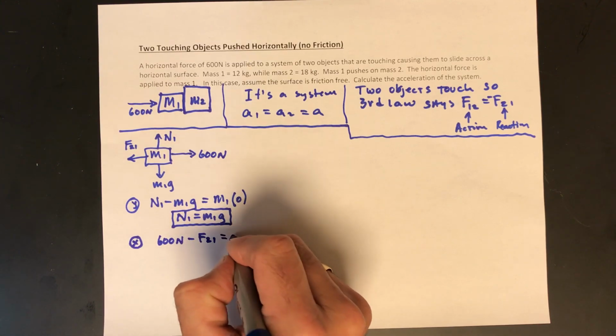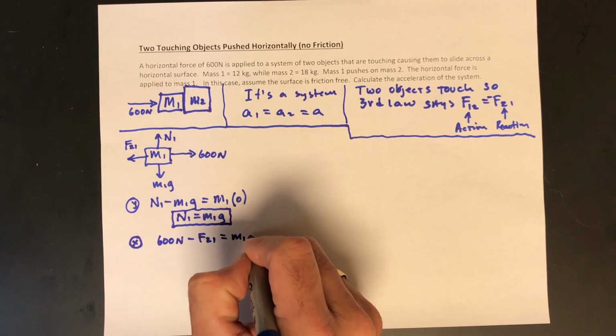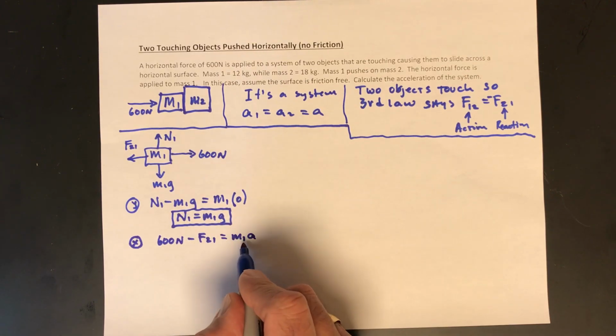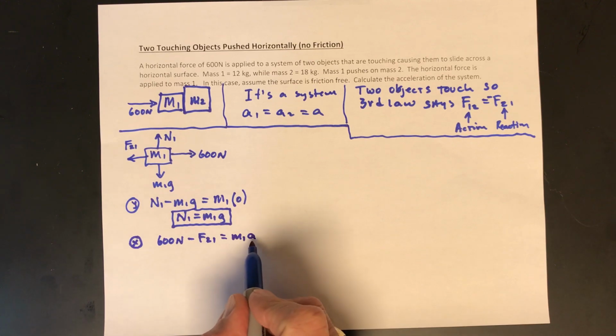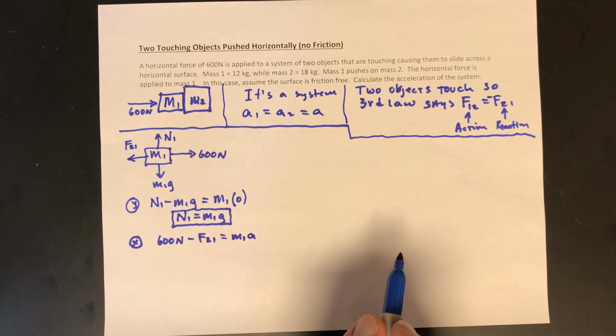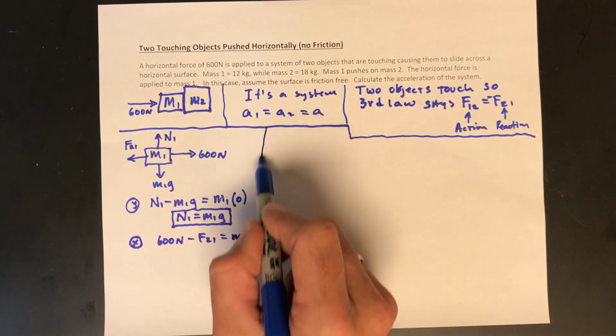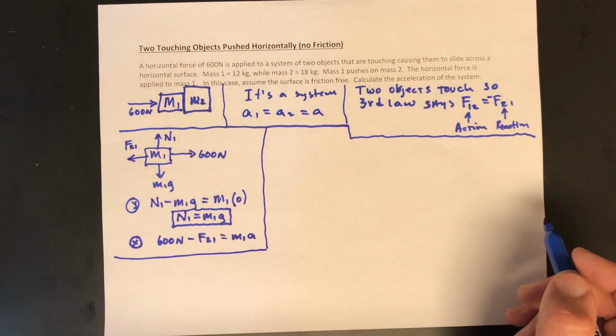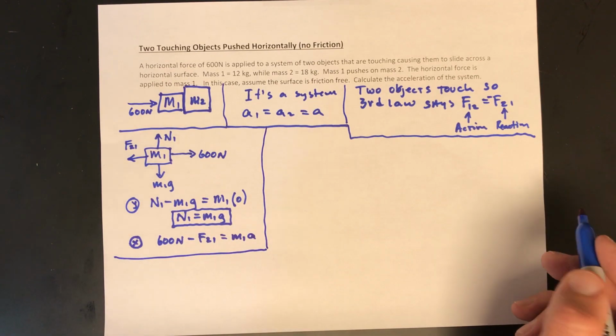And that's equal to m1a. And again, we're going to call this a because object 1 moves with the same acceleration as object 2. So just want to keep that simple. Okay, so that's all we know for object 1.